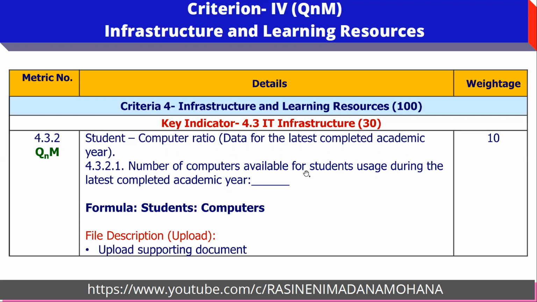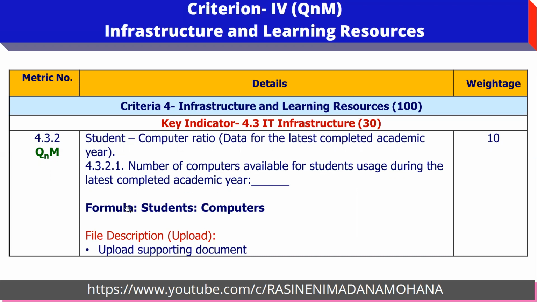So, the number of computers available for student usage during the latest completed academic year. Here you can include only the computers which are available for student usage. Faculty computers, office computers, placement computers, all offices, and the library, except the digital library, can't be included here. Only regular academic-related student-use computers can be included.